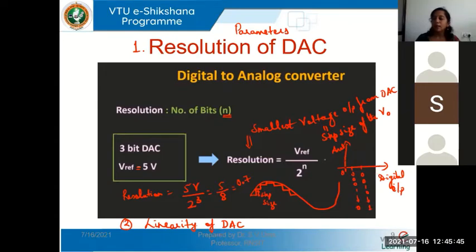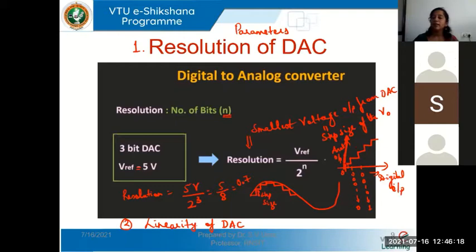As I represent the analog output voltage corresponding to a digital input, I'll be seeing a staircase-like waveform like this. As I increase the value of the digital input, I'll see the analog output voltage going on increasing in the fashion of a staircase. And the resolution will represent the first step size. The size of the smallest step is resolution.